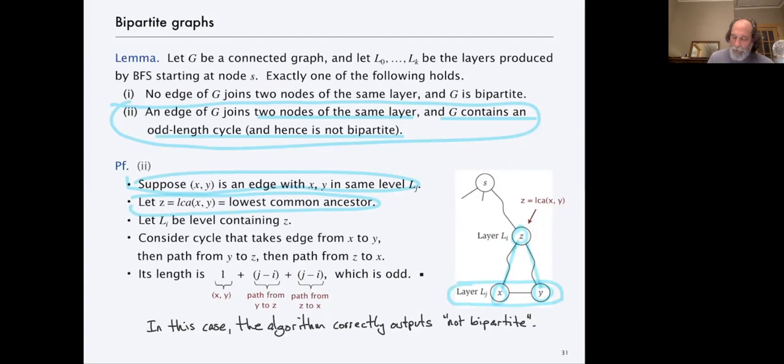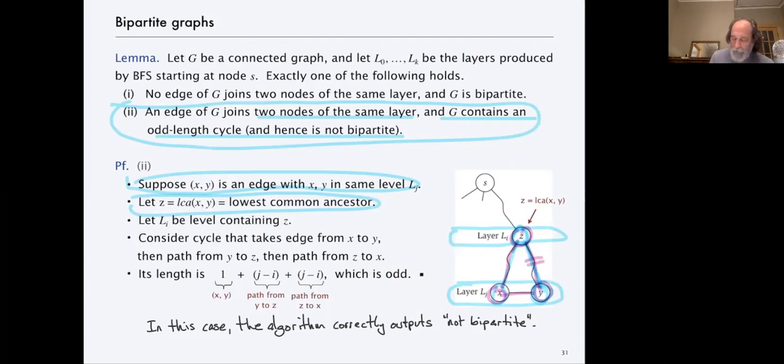Call it Z. Now let's consider this cycle that goes from Z to Y, then from Y to X and back to Z. What's the length of that cycle?